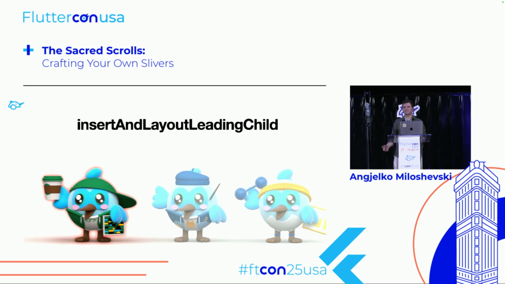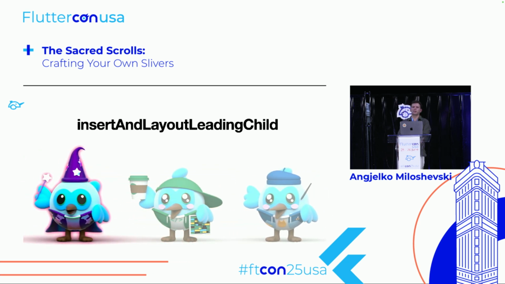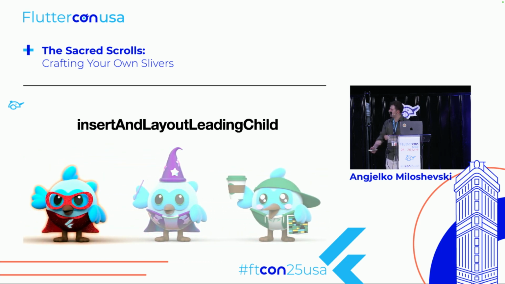Then we have the insert and layout leading child, which is quite a clever method that tries to insert and lay out a child before the first child. If it doesn't have enough anymore, it tries to get one from the child manager. If it's out, then it will just return null.